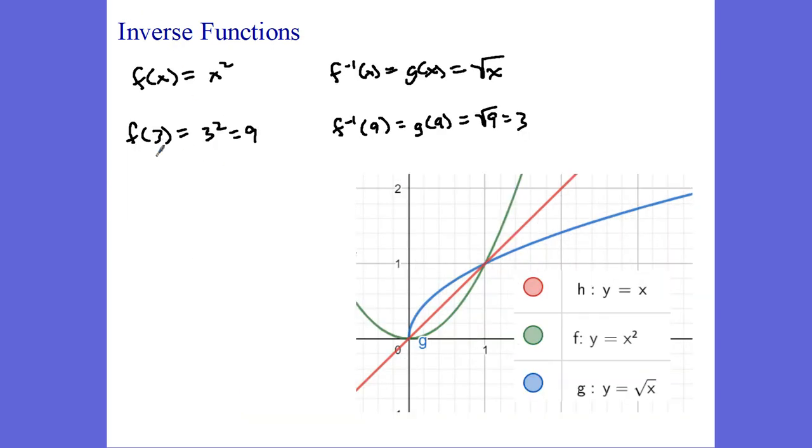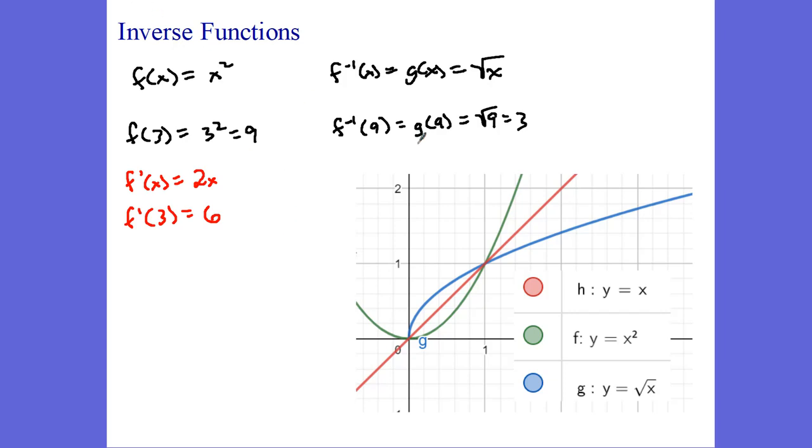So plug 3 in for x, we get 9, which means the inverse is always going to be the opposite. We plug 9 in for x, we get 3. Now we can do the derivative. The derivative of x squared is 2x, so the derivative at 3 is 2 times 3, or 6.